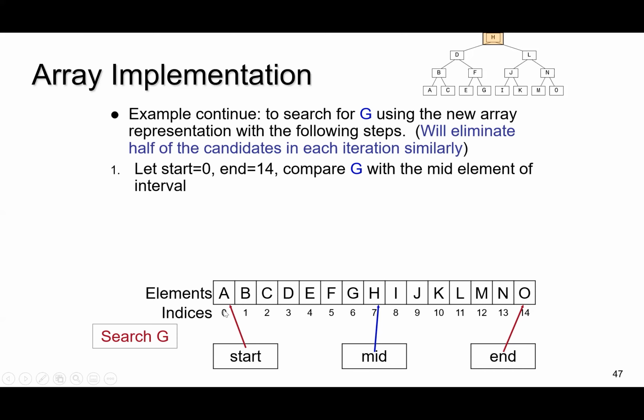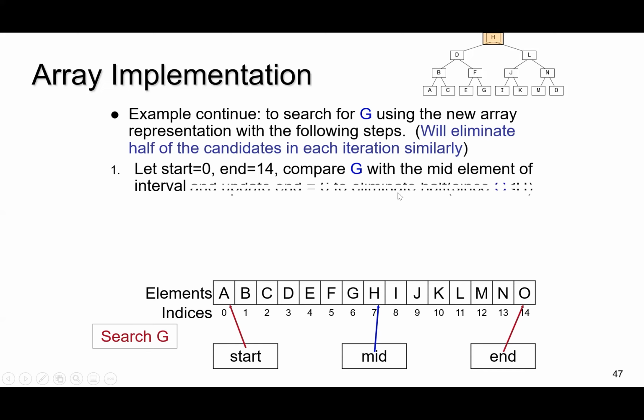You just use the formula start plus end divided by 2. Initially, when you start to search, start is 0 and end is the last index, 14. So 0 plus 14 divided by 2 is 7. Your mid is the element at index 7 in your array, which is H. Similar to this BST, the first one you check is H, right?